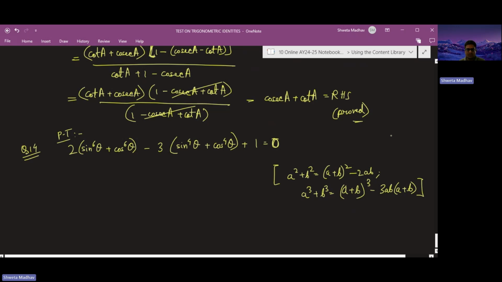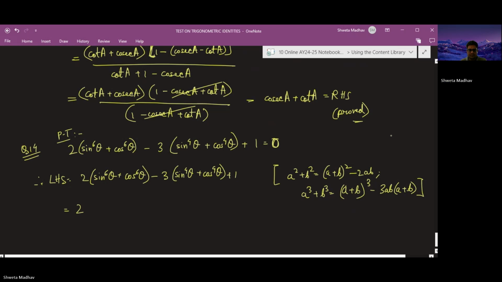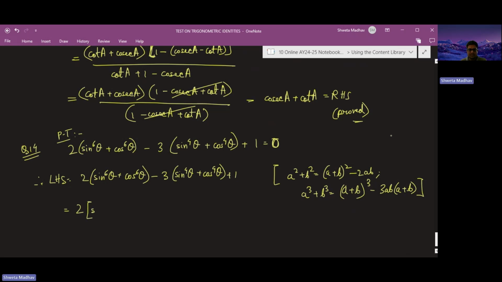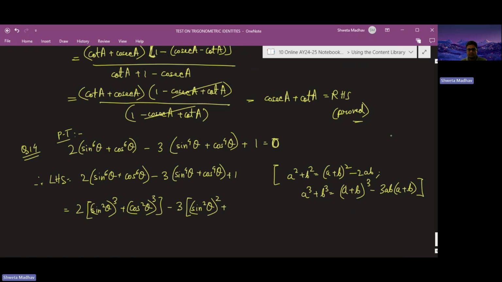So in the left hand side it is given 2 into sine power 6 theta plus cos power 6 theta minus 3 into sine power 4 theta plus cos power 4 theta plus 1. Now sine power 6 theta can be written as sine square theta whole cube, and cos power 6 theta as cos square theta whole cube, minus 3 into sine square theta whole square plus cos square theta whole square plus 1.